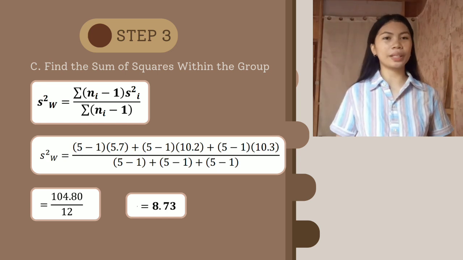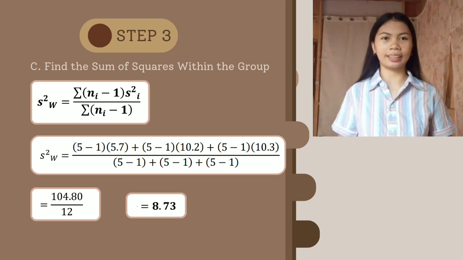The sum of squares within the groups is 8.73.